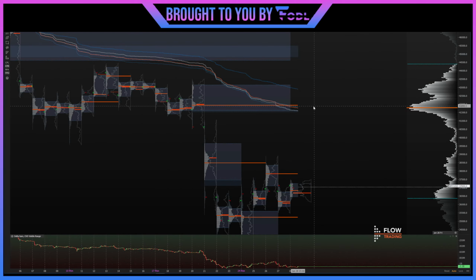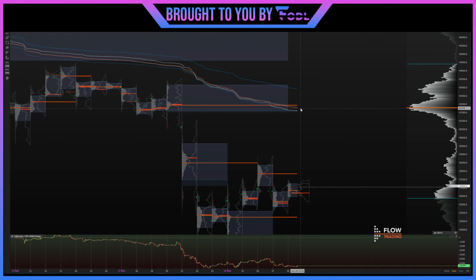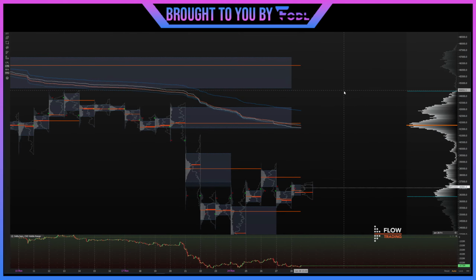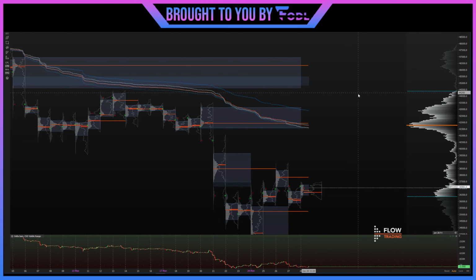Okay, so I don't think that above here is a good idea to go long. For me, a good idea to go long would be right above $45,000. I'd look at $43,000 maybe, which is essentially where this low volume node is here.